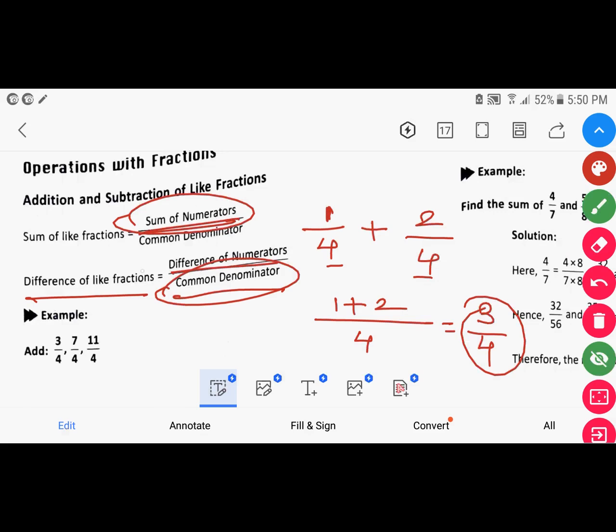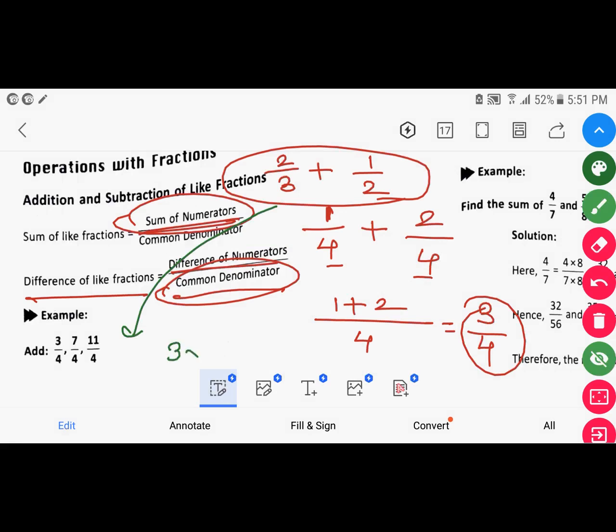Okay, now if the denominator and numerator both are different, for example 2 by 3 plus 1 by 2, I have to add. So what I will do here for this sum, I will convert the denominators into the common denominator format.